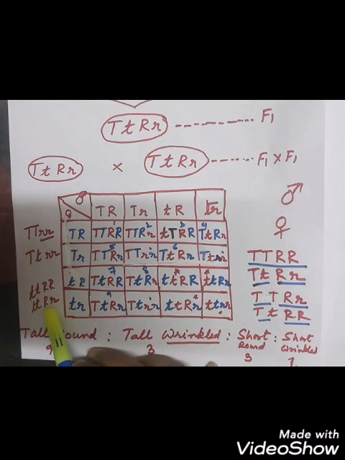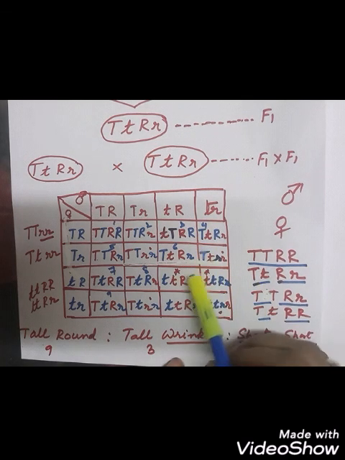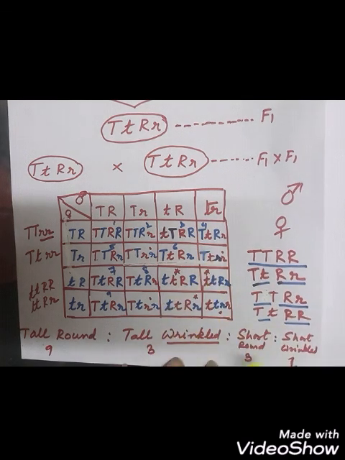Since R is dominant, if only one R is there and one small r, then it's okay. So for short round, you cannot use capital T here, you have to take short. For this you have to use small t.